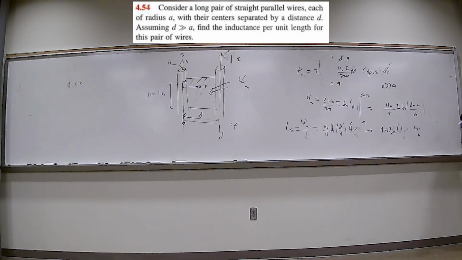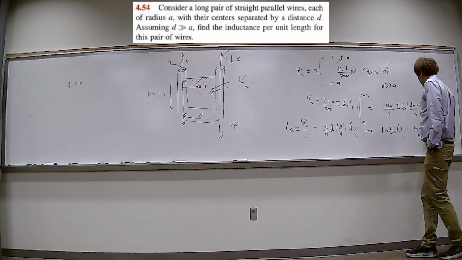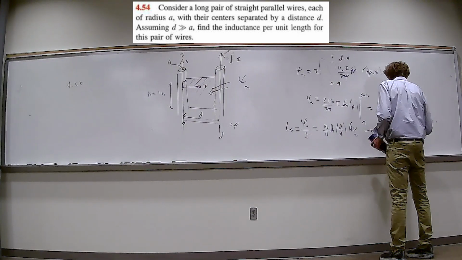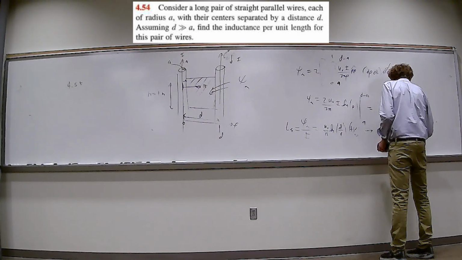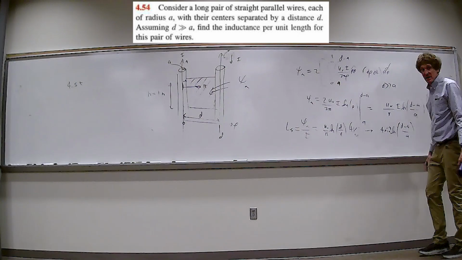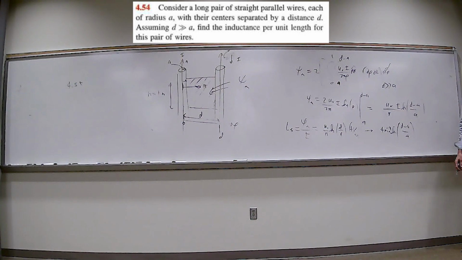I'm saying if they said that, that's the assumption. Does he have D minus A in his answer? Yeah, he has mu not over pi times 1/4 plus natural log of D minus A over A. If he has D minus A over A, that's fine. Does he give you a value for A and D?